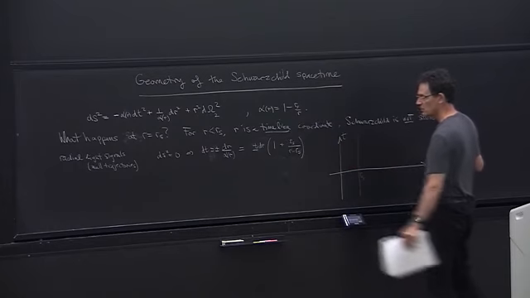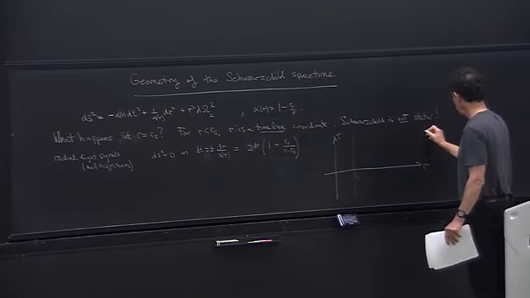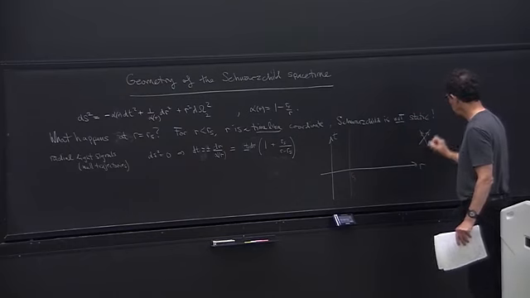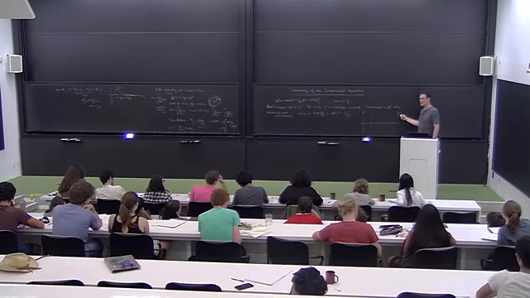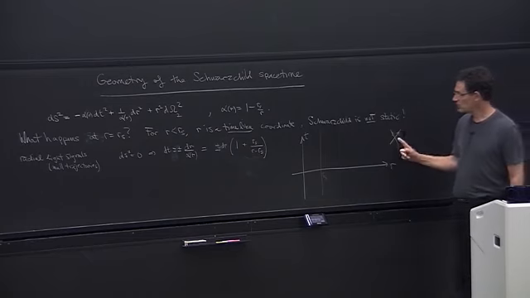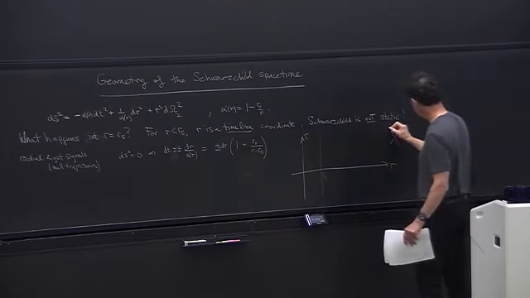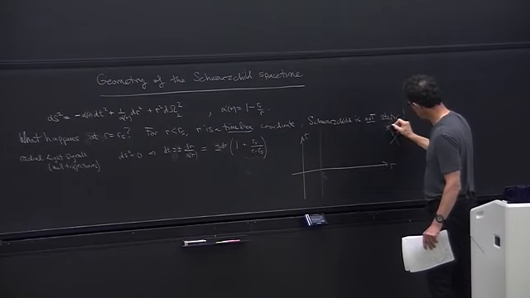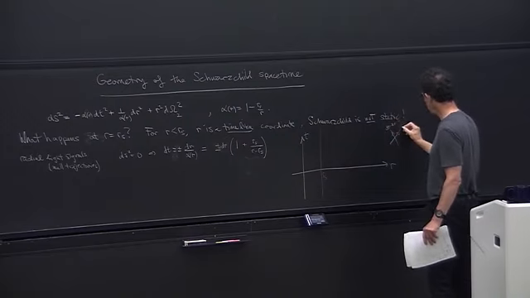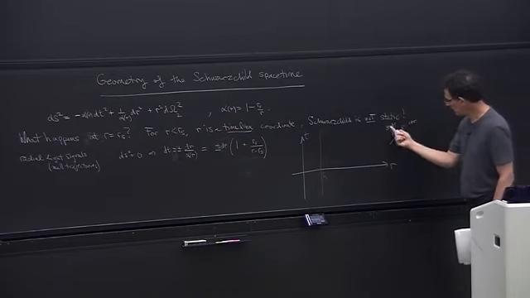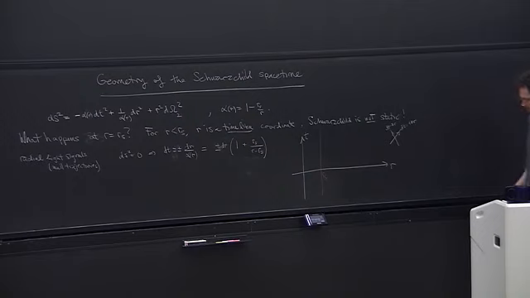This factor is nearly 0. And so what I have are ingoing and outgoing null rays. So dt equals minus dr for this one, and this one is dt equals plus dr. As dr and dt are both positive here, dr is negative there.